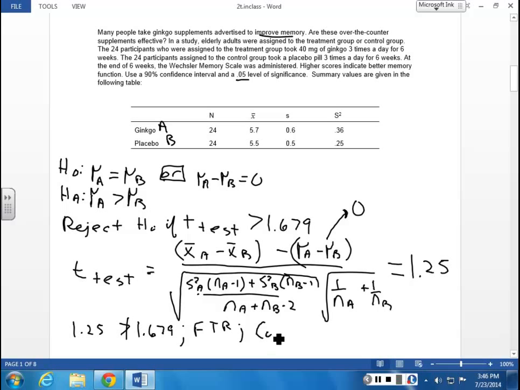Conclude, as we did before, mu A might not equal mu B, which means the ginkgo, putting this back into the problem, might not be effective. The improvement that we saw that went from 5.5 to 5.7 could have just been a chance happening.